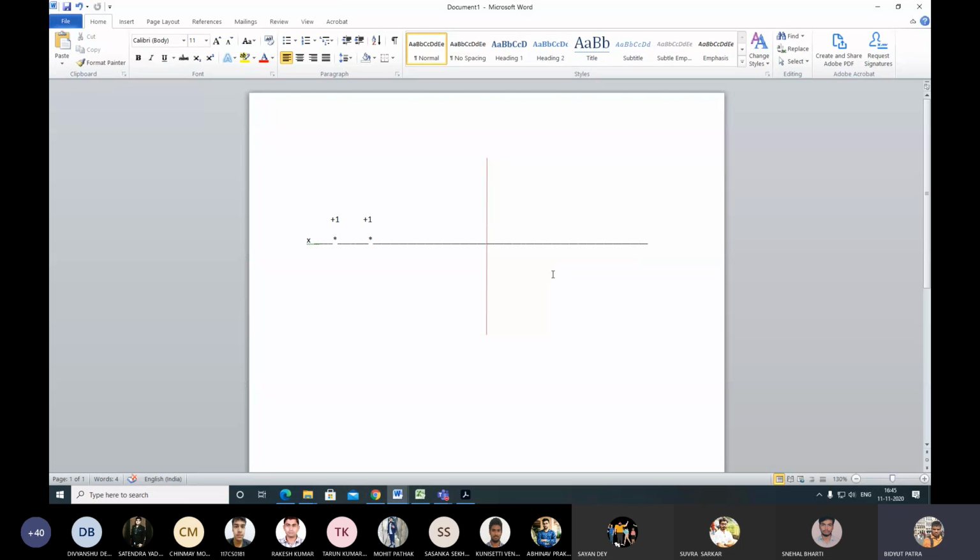So this side will be the negative class, and this side will be the positive class, and the value of this line, this line equation, is, let's say, x equal to 0.75. That is what I am calling the decision stump.